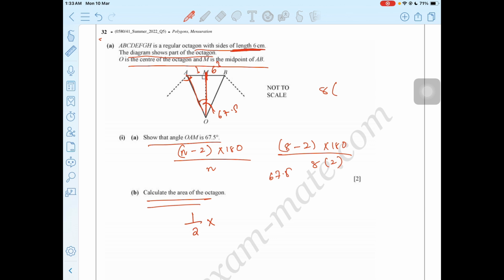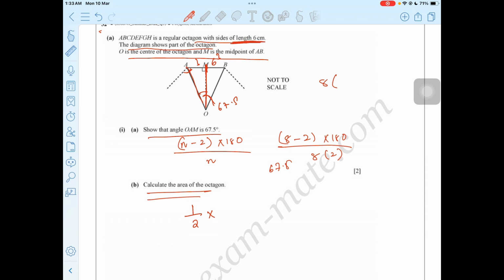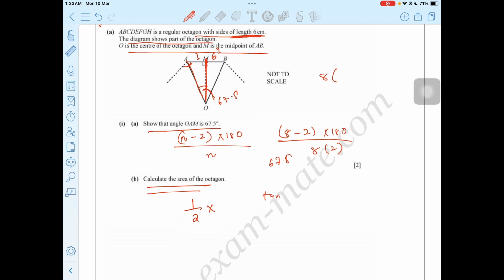So tan 67.5 is equal to 3 over x, right? So this is 67.5 and this is perpendicular. We need to calculate the base, right? So this would be 3 over tan 67.5, right? So this would be 7.24.